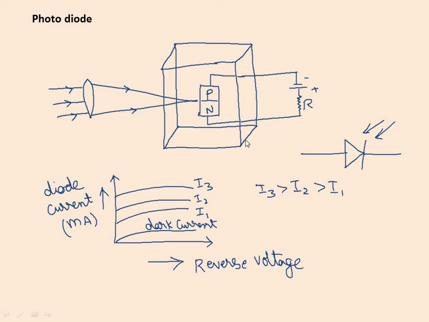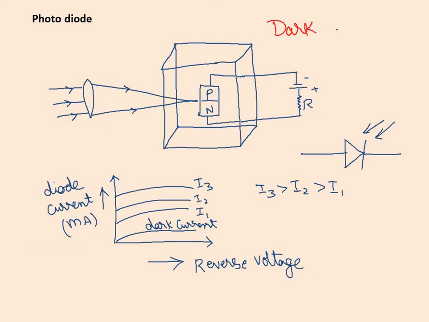That's obvious, because dark condition means no light is falling. We have already seen this in the reverse bias situation. This current corresponds to the reverse saturation current due to thermally generated minority carriers, and we call it the dark current.